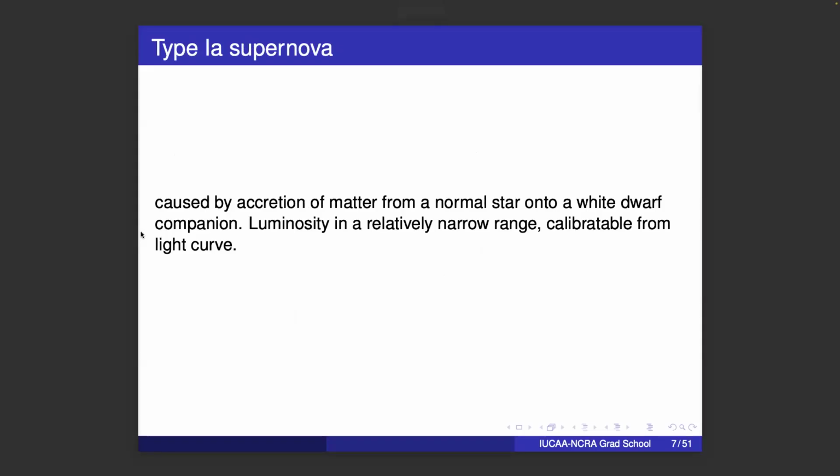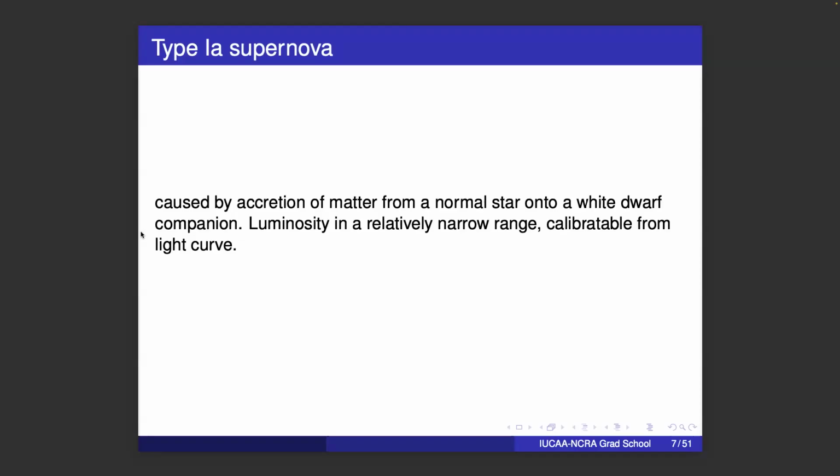Okay. So why are these Roche lobes interesting in the white dwarf context? They're interesting because if there is a binary stellar system in which one of the stars is a white dwarf and the other is a normal star, then one can have a situation that leads to what is called a type 1a supernova. It's caused by accretion of matter from a normal star onto a white dwarf companion.